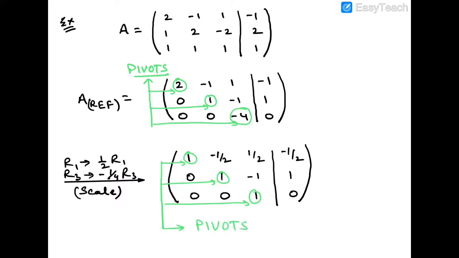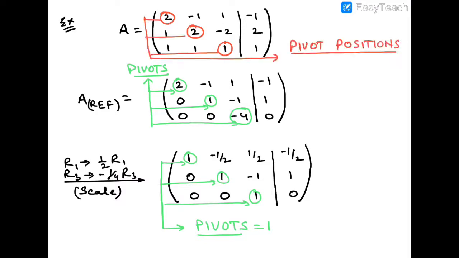So pivots are 1 here. Now those entries in original matrix that became pivots in row echelon form are at the position of 2, 2, 1, that is A11, A22, A33, and these are called pivot positions. And here it is A11, A22, A33.